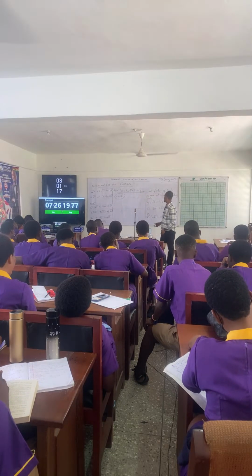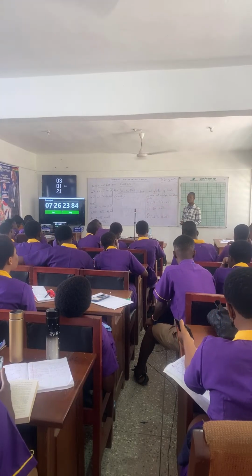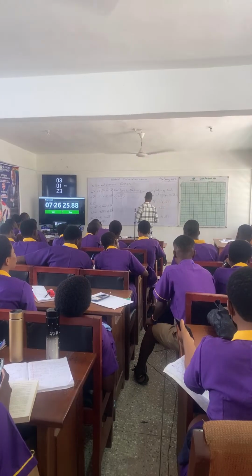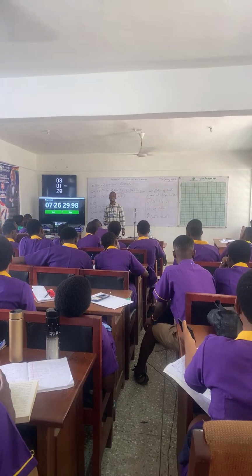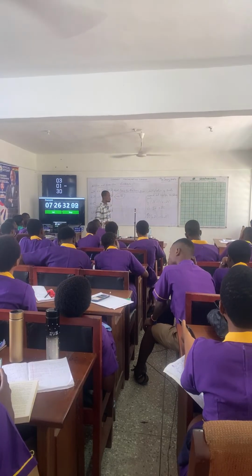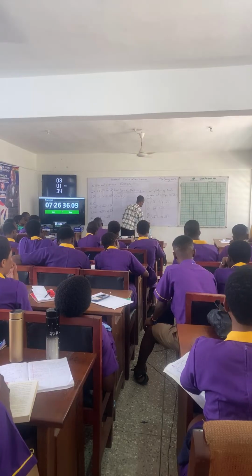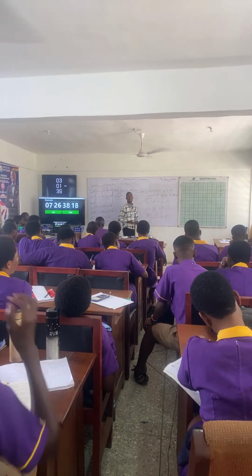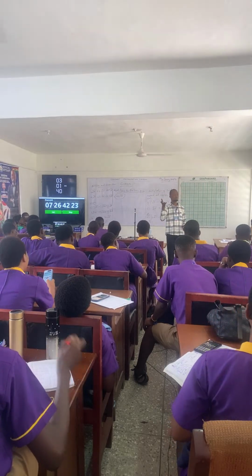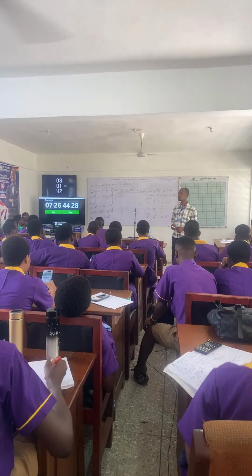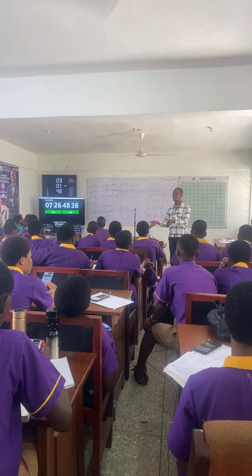Now expand. So root 3 times the first element in the bracket will be 2 root 3. Good. Whenever the same roots are multiplying, what do you do? You get the same root number.